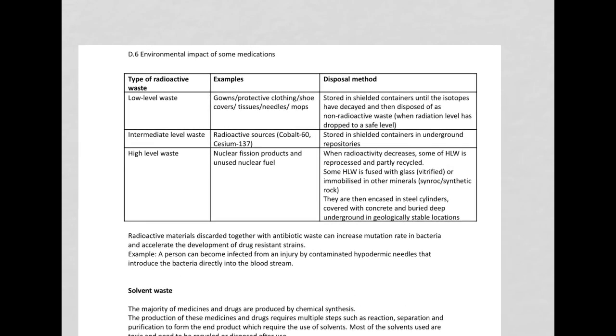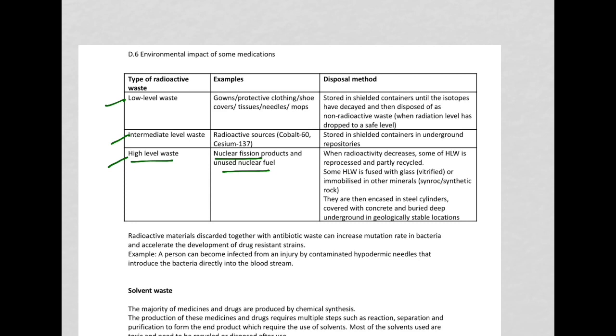So this is a table that summarizes low-level, intermediate, and high-level wastes. High-level waste includes, for example, unused nuclear fuel and products of nuclear fission. Now, normally in medicine, radioactive substances are used to diagnose and sometimes to treat diseases such as cancer.